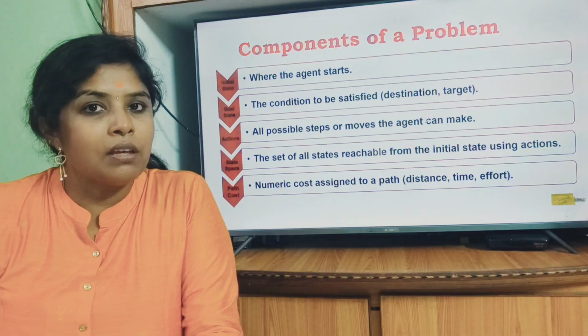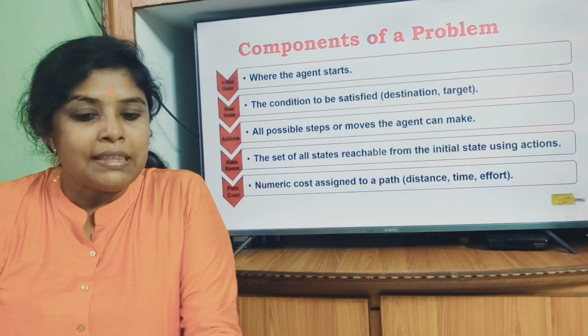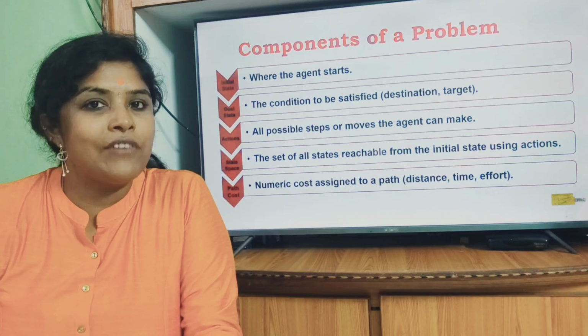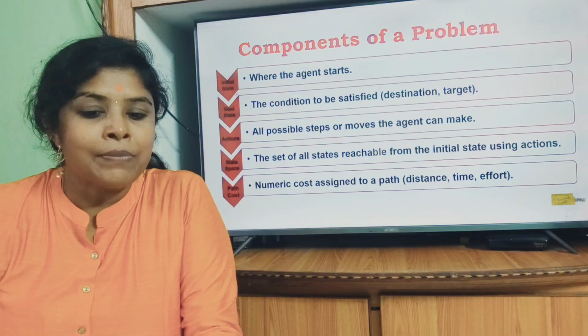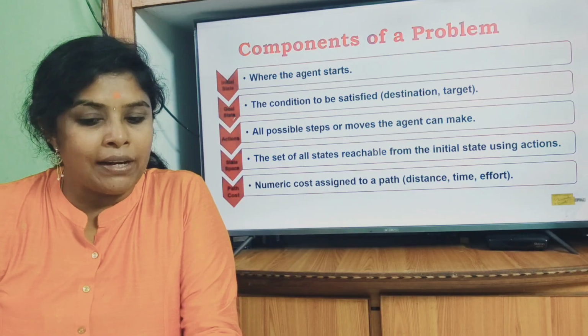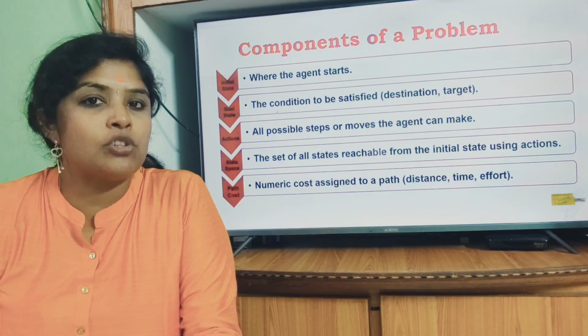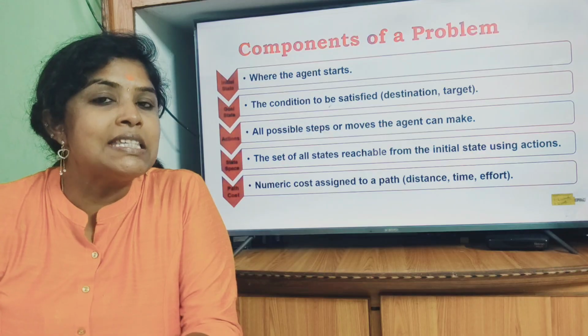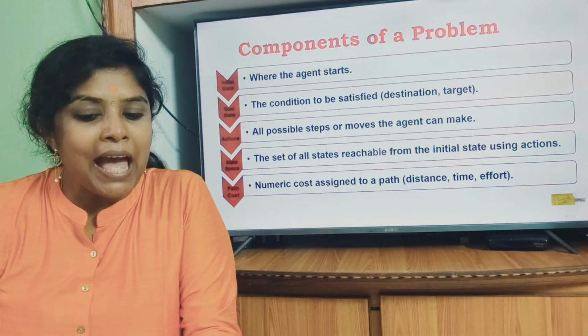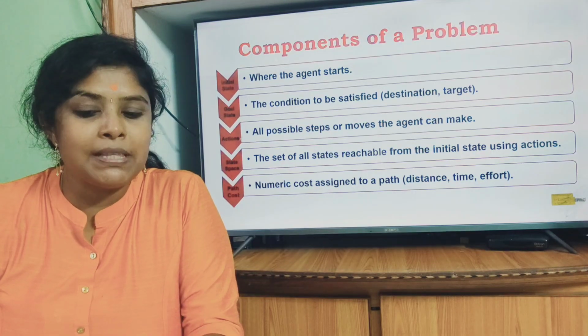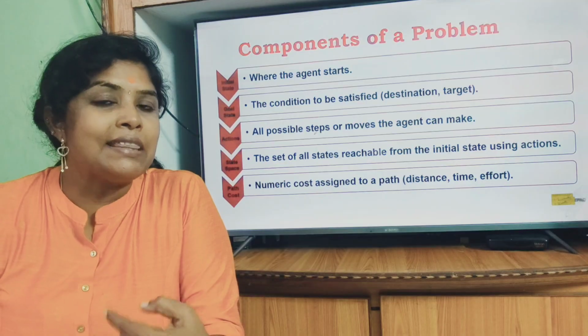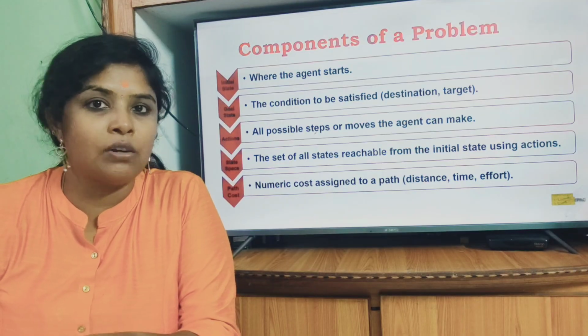Let us see what are the components of a problem. The initial state is one where the agent is going to start, and the goal state is the one where the condition needs to be satisfied, that is the desired outcome. Then the actions are all the possible steps or moves that the agent can take to reach the goal.